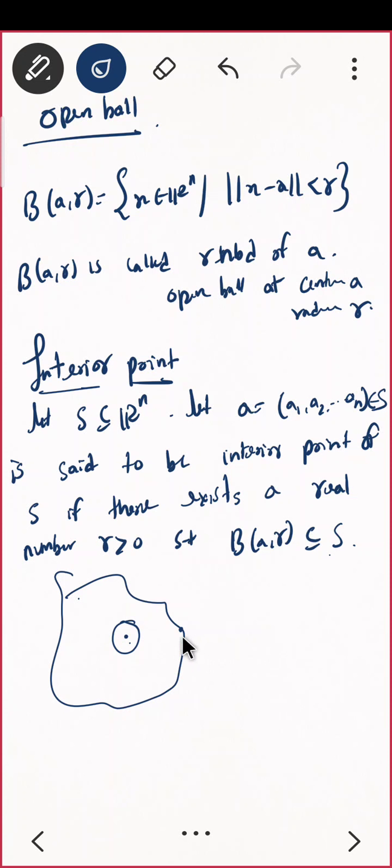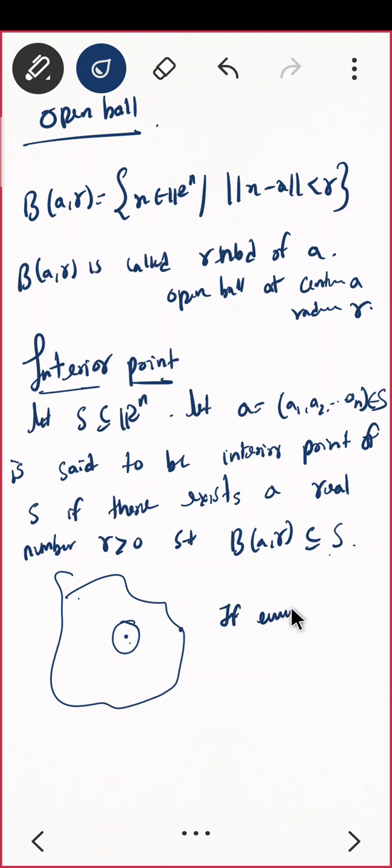If you remember, we defined open set this way. A set is said to be open if every point is an interior point. That means for every point, I should be able to draw an open ball which is completely inside it. Do you agree? You can write it here.